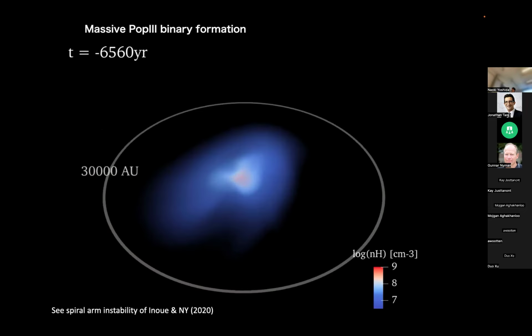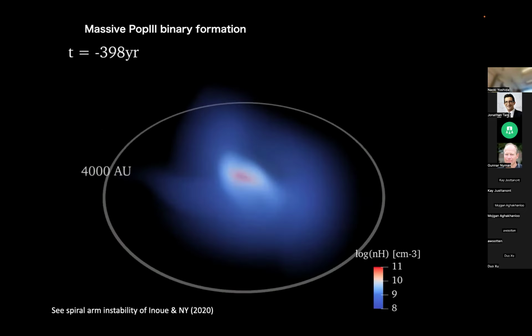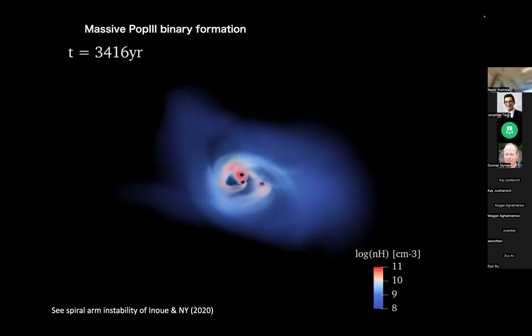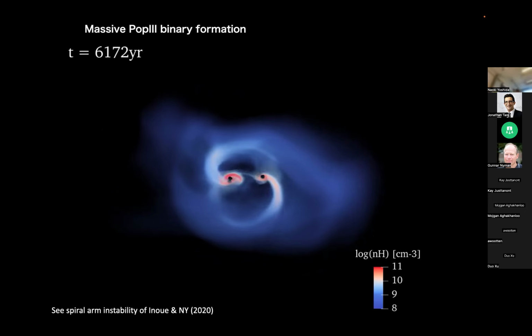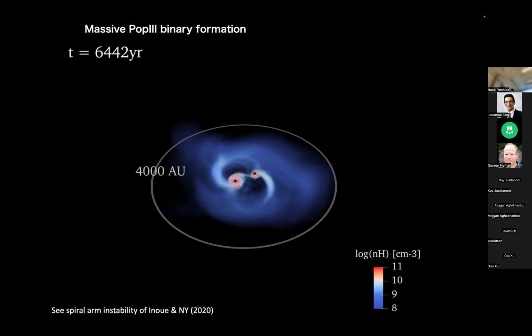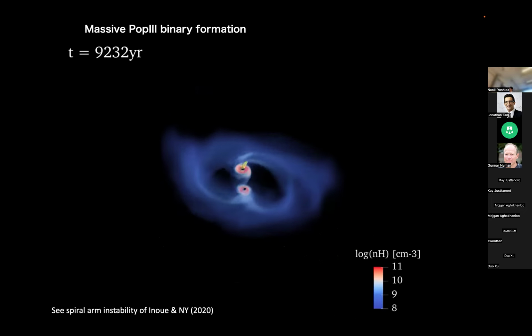Now it's 30,000 AU, so we are progressively zooming in onto the central part, down to 10 AU or so. So these spiral arms fragment to produce these two main protostars with a wider separation, actually, not very close binaries.